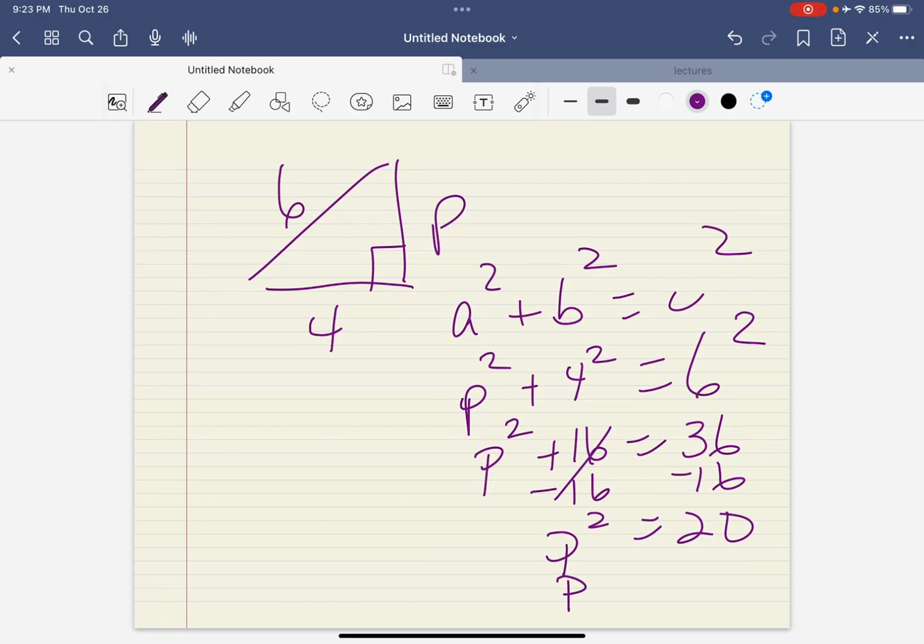And then we take the square root. So square root of 20 would be, that's 4 times 5. So the square root of 4 comes out, and the square root of 5 stays underneath. Okay.